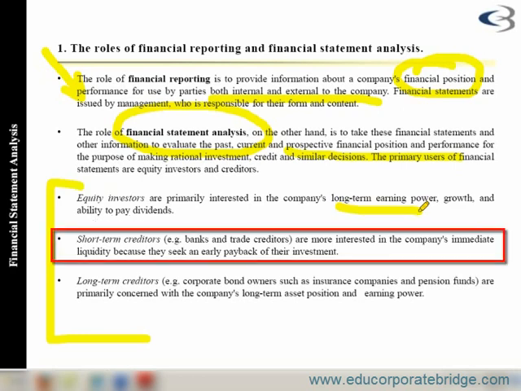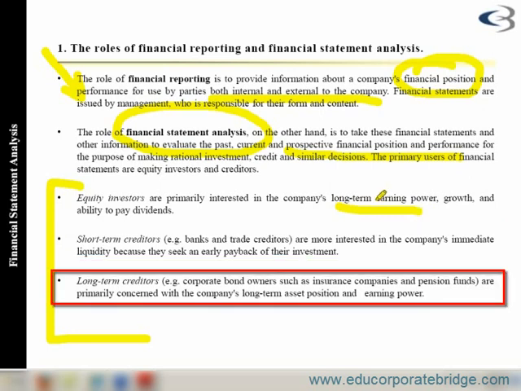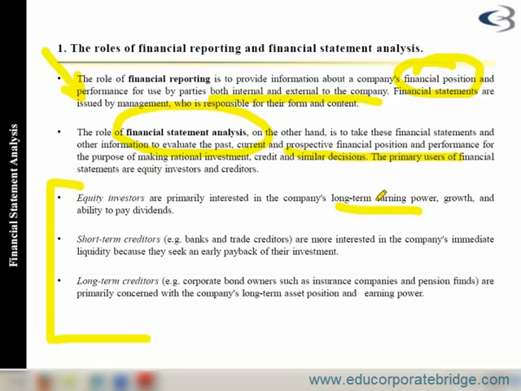Short-term creditors are those people who lend money to the company for a shorter duration, such as banks, trade creditors, etc. Long-term creditors are those who lend money to the company for a longer-term horizon. Even they are interested in knowing the financial position of a company.